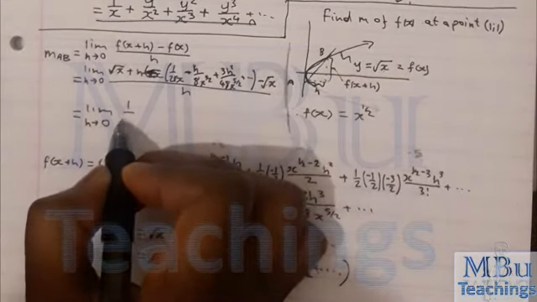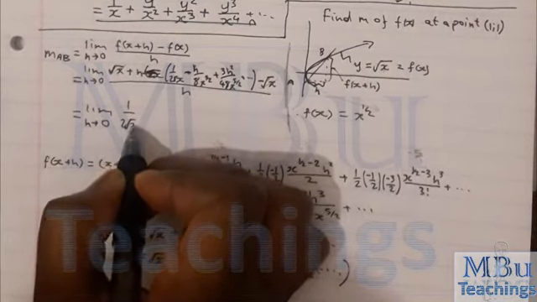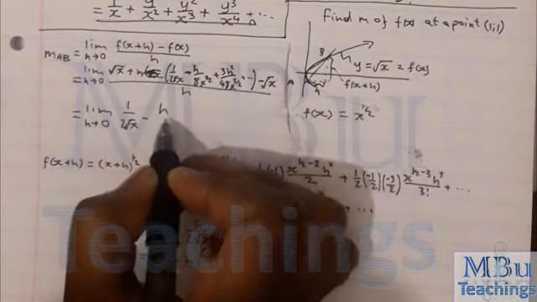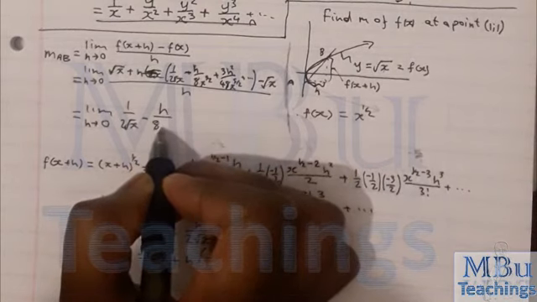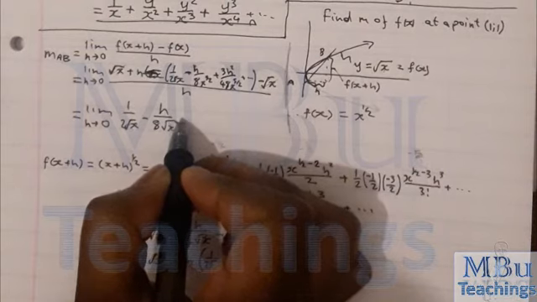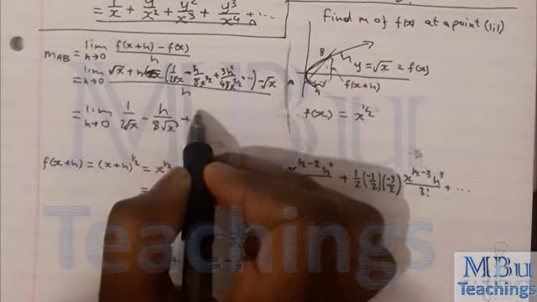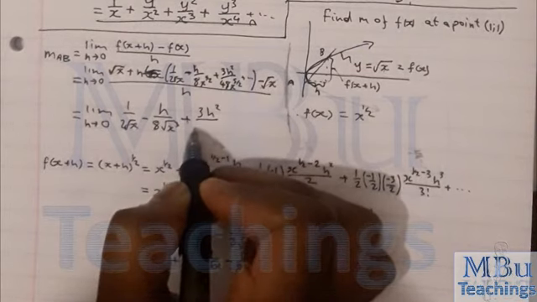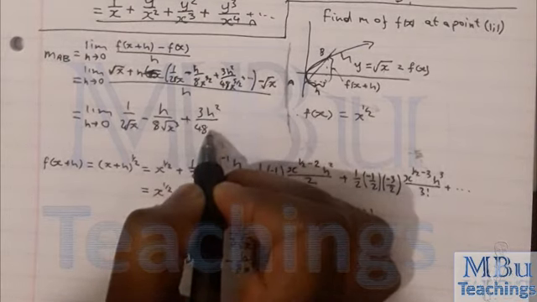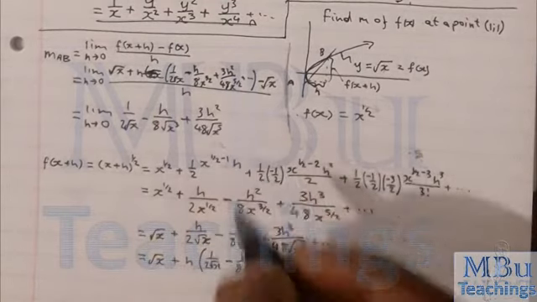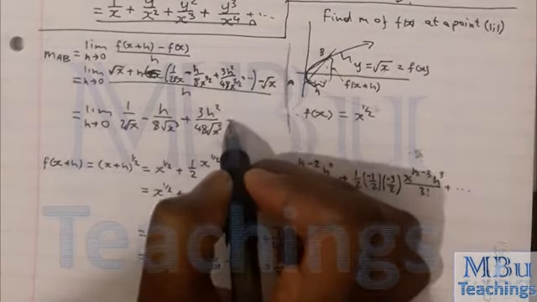1/2 root x minus h over 8 root x cubed plus 3h squared over 48 root x to the power 5.